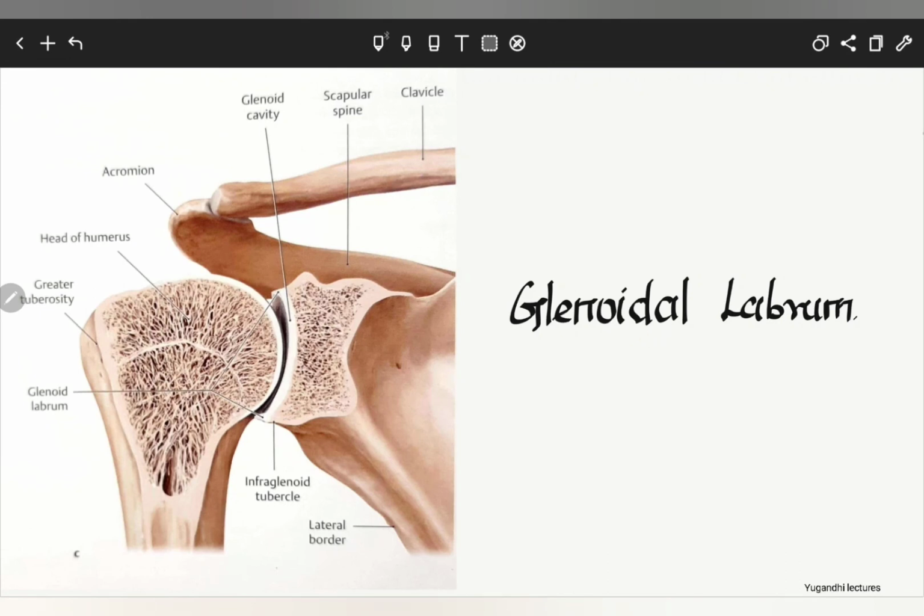So in that way, the glenoidal labrum stabilizes the joint by deepening the glenoidal cavity, and thereby it also stabilizes the shoulder joint, and that's why it is also included under the ligaments of the shoulder joint. And another important thing is that the glenoidal labrum is a fibrocartilaginous structure.